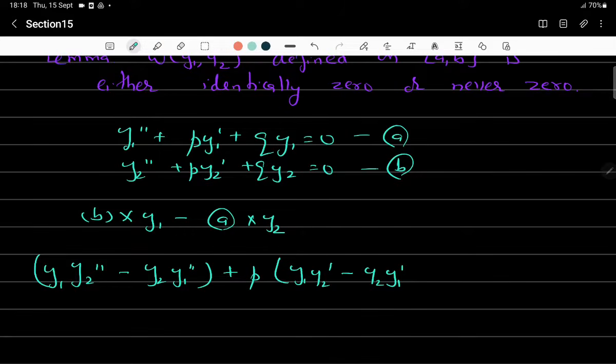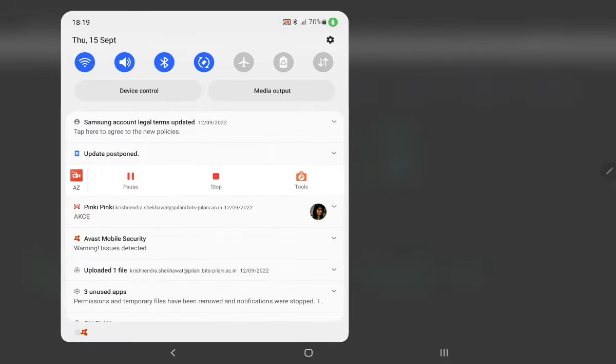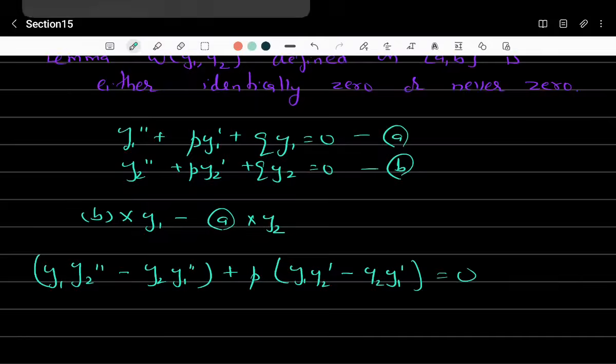There would be two more terms, q y1 y2 minus y1 y2, and these two terms would cancel out, and that's why this is the required equation.